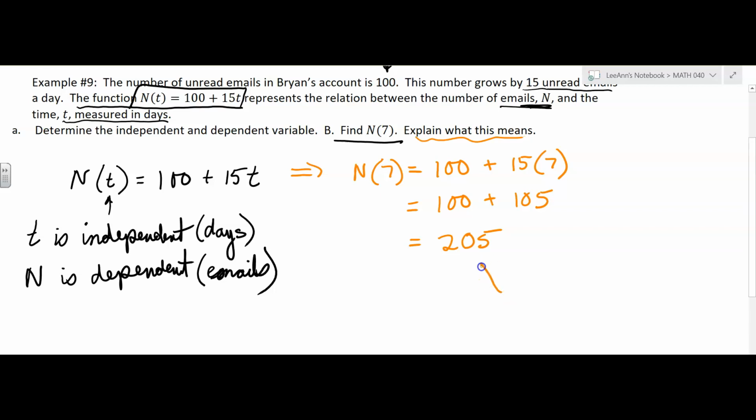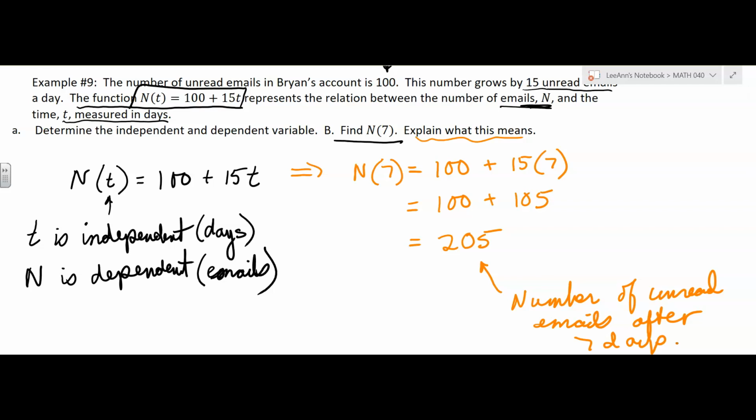So this is representing the number of unread emails after 7 days. Okay? So they really want you to kind of understand what's happening in this function, and what the independent variable is and the dependent variable and kind of what it all means.